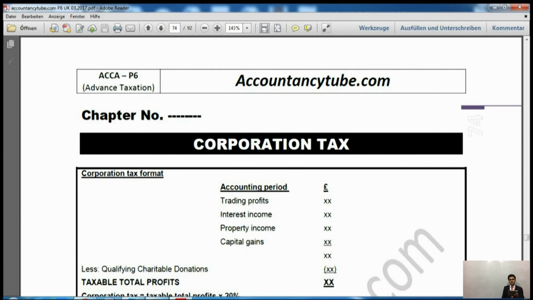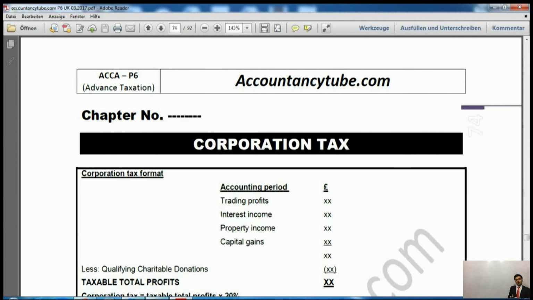Another thing is that there are some differences in interest income. Say for example, if you have taken a loan for trading purposes and you are paying interest on that, then you have to deduct the interest out of the trading profit. You remember? Because this is interest paid on a loan for trading purposes, we'll have to deduct it out of the trading profits.